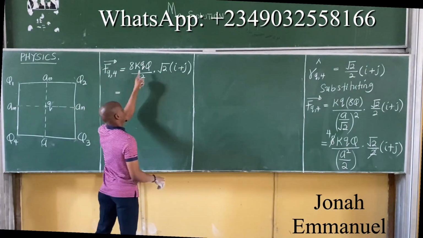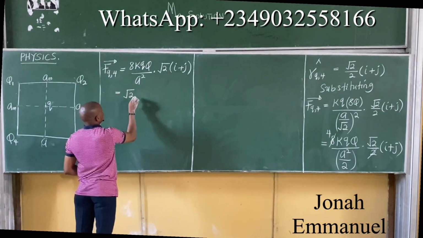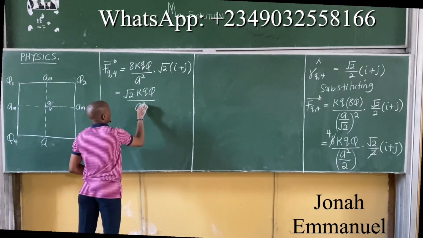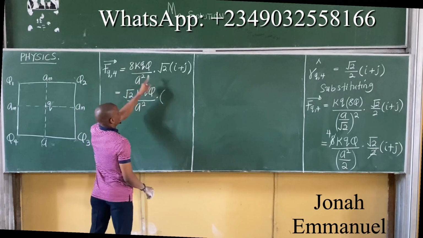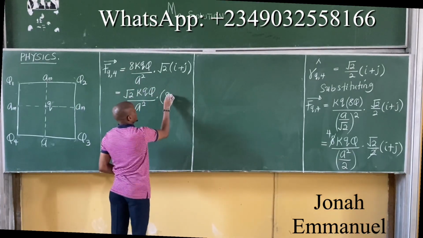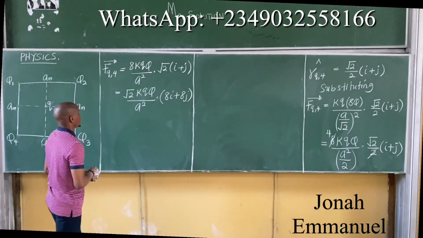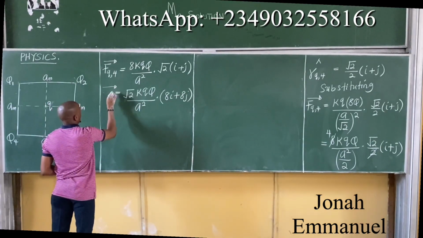So this one comes here, becomes root 2 into KQQ all over A squared dot 8 goes here, becomes 8I plus 8J. So finally we've gotten FQ4.